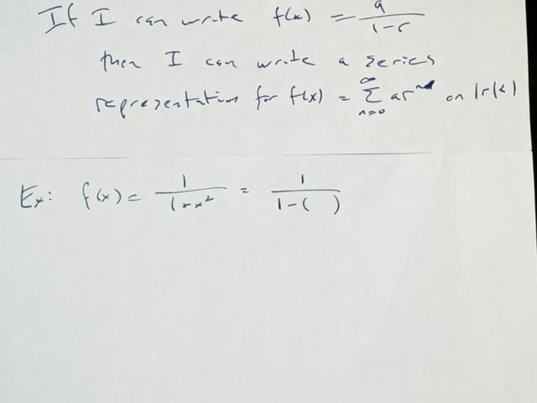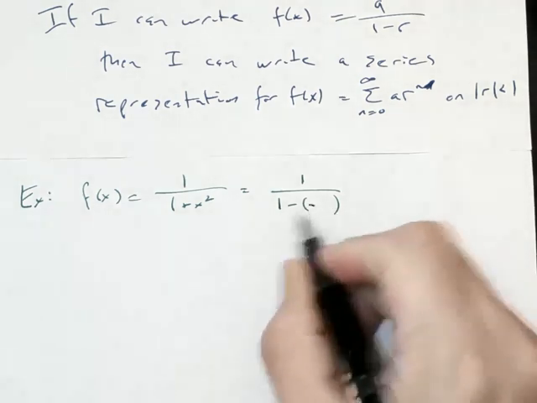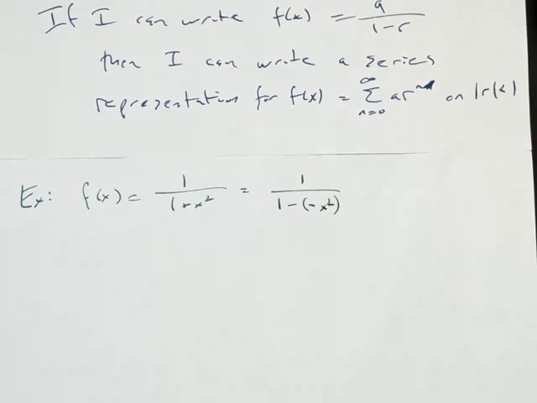Yeah? 1 minus the negative x squared. Ha! Addition, double negative, yeah, those match up, right? Well, hey, wait a minute, that's a over 1 minus r, but the r is negative. It's okay.